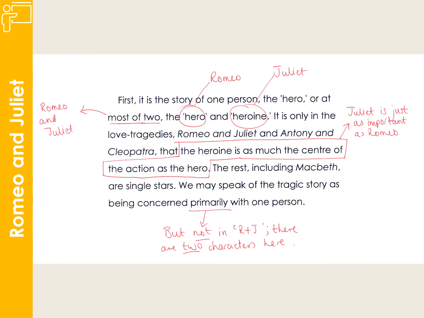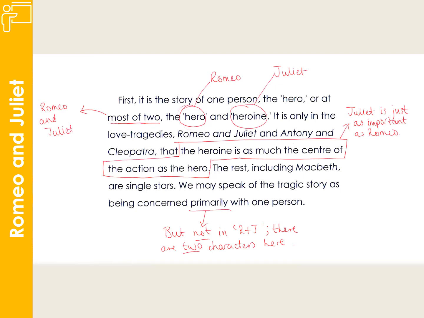Okay, so this is an example of the sort of thing that we're looking for you to do. In A.C. Bradley's first lecture, which is all about the things that make up a Shakespearean tragedy, we can see an example of how to annotate. In the opening of this lecture, it says, "First, it's the story of one person, the hero, or at most of 2, the hero and heroine.